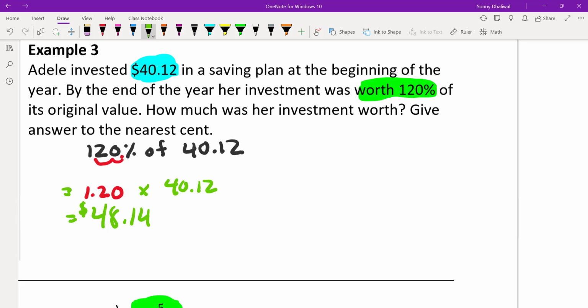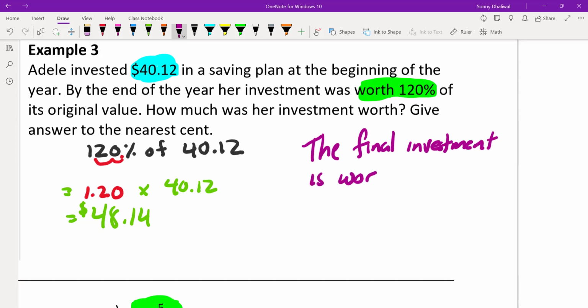So word problems, we give a little word statement. Right? You say the final investment is worth $48.14. Right?